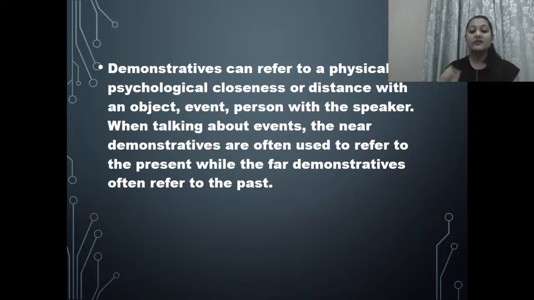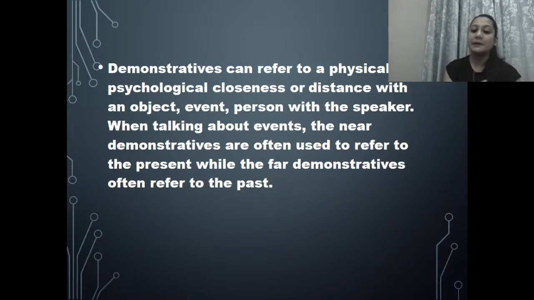Whoever is speaking, I'm repeating, it is in the context of that speaker. When talking about events, the near demonstratives are often used to refer to the present, while the far demonstratives often refer to the past.